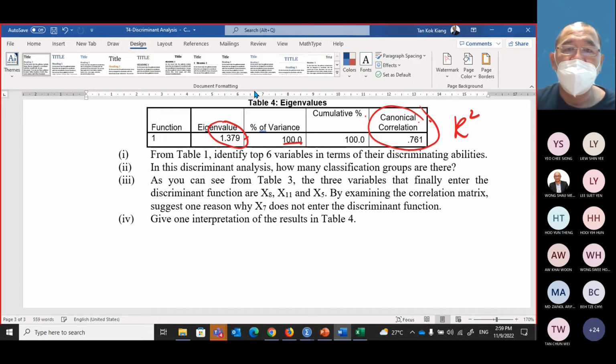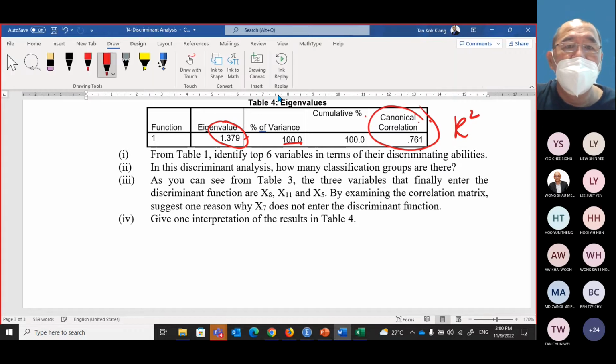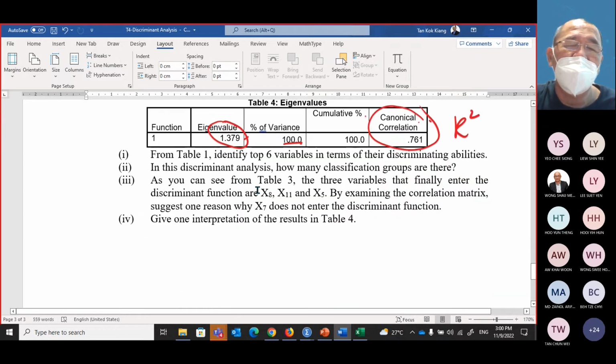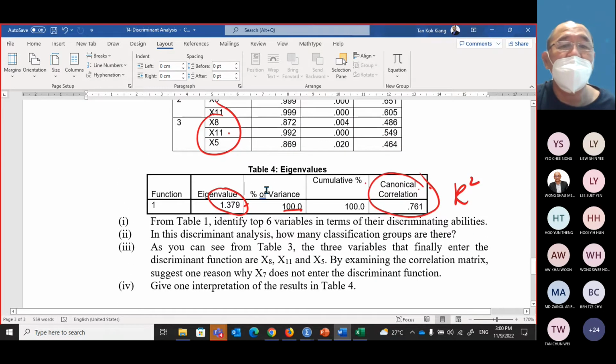So this is quite similar to R square, but in this context, you can say like this. These 3 variables entered, which means they used the stepwise method.